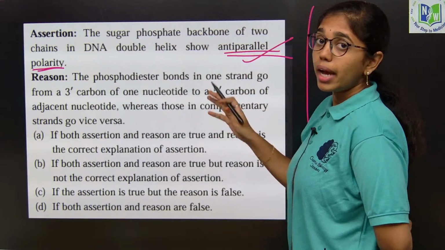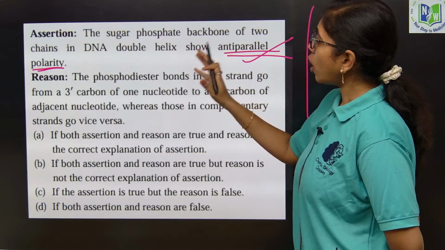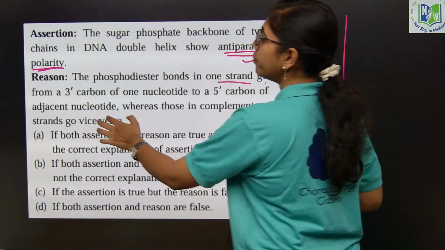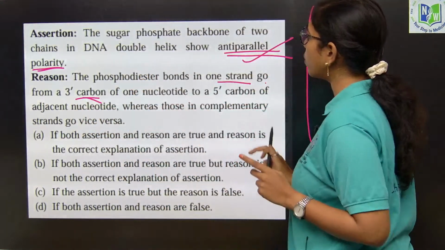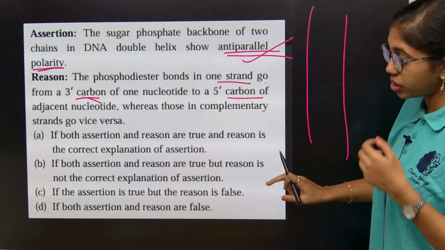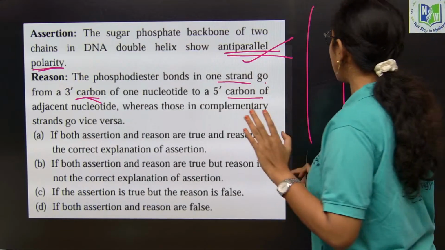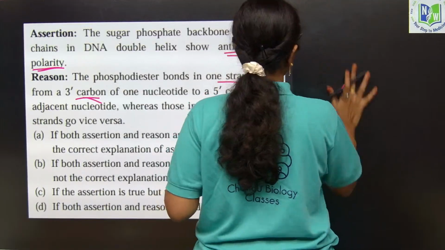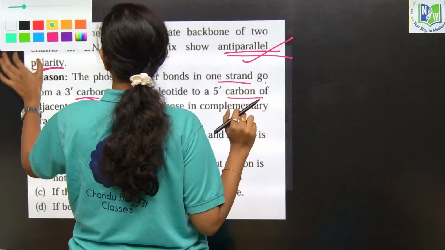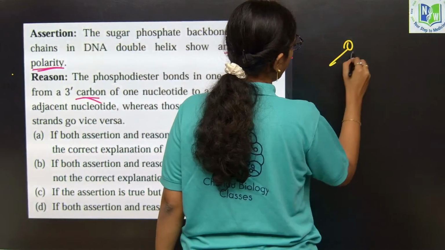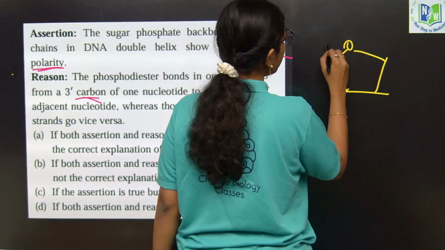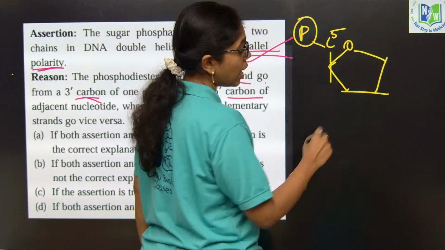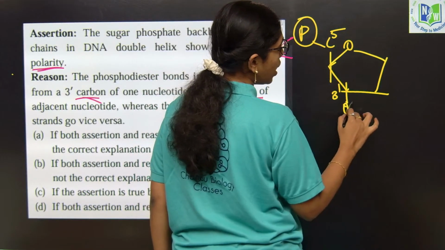Assertion is true. In the reason, the phosphodiester bond in one strand goes from the 3' carbon of one nucleotide to the 5' carbon of the adjacent nucleotide. The linkage between 2 nucleotides happens by a phosphodiester bond. At the 5th carbon a phosphate group is attached, and at the 3rd carbon an OH group is there.